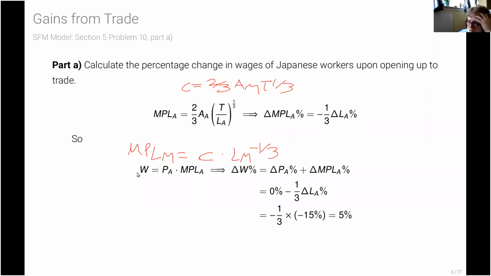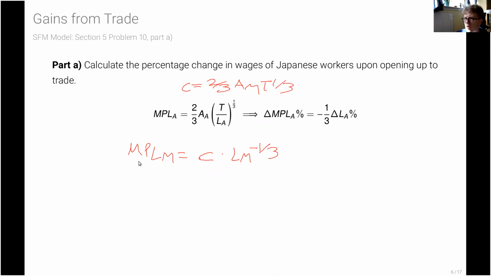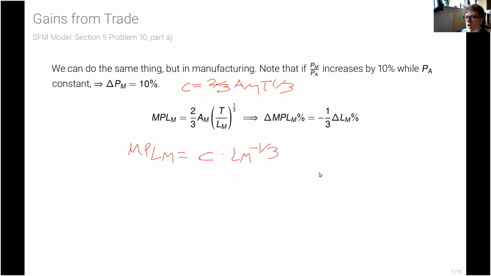And from here it should be clear that if I want to look at the percentage change in the marginal product of labor, I can just ignore this constant, pull down this 1/3, and then just need to examine the percentage change in the amount of workers working in manufacturing.